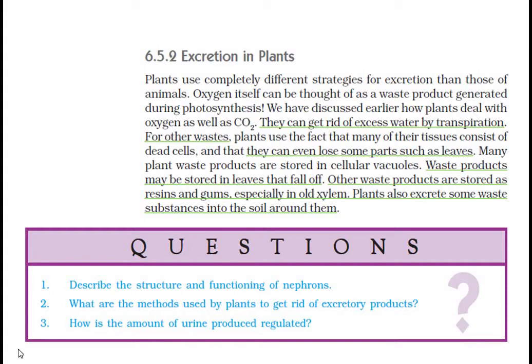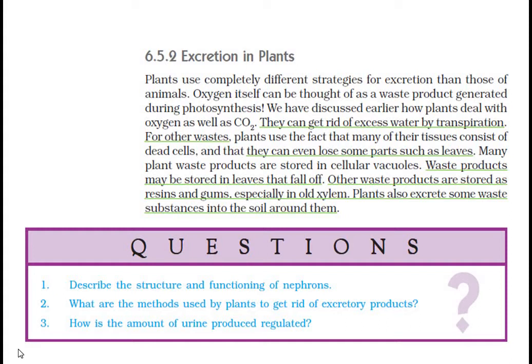The older leaves which fall off contain a lot of waste materials, and the plant stores waste in the cellular vacuole also. Other waste products are stored as resins and gums, especially in old xylem, which is not working.